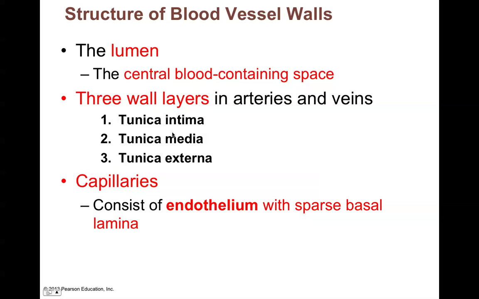But a tunica refers to a tunic or a covering. Capillaries consist of endothelium. This would just be that inner lining of cells with a very sparse basal lamina. Basal lamina is a very delicate connective tissue to give support to those endothelial cells.